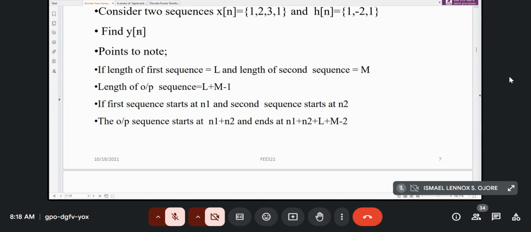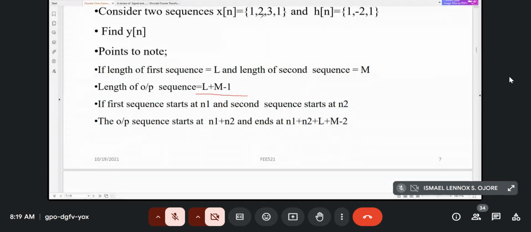Remember it starts from y[0], that's why we have the 2. The length of the sequence itself is L plus M minus 1, but where it actually ends is at minus 2.